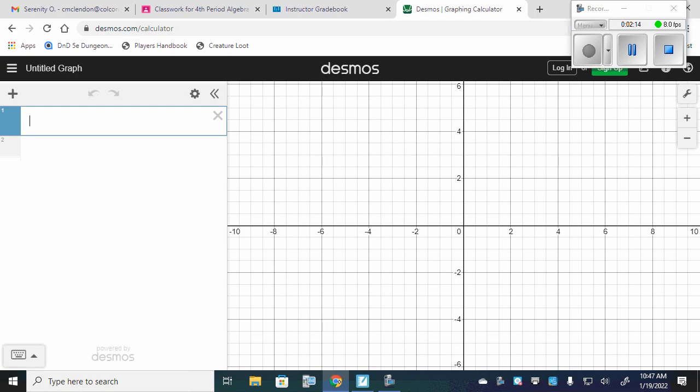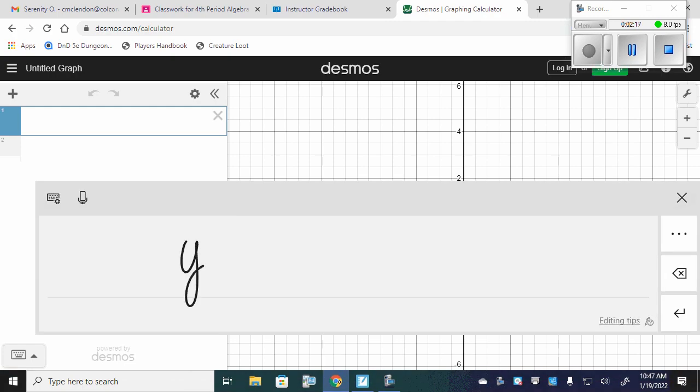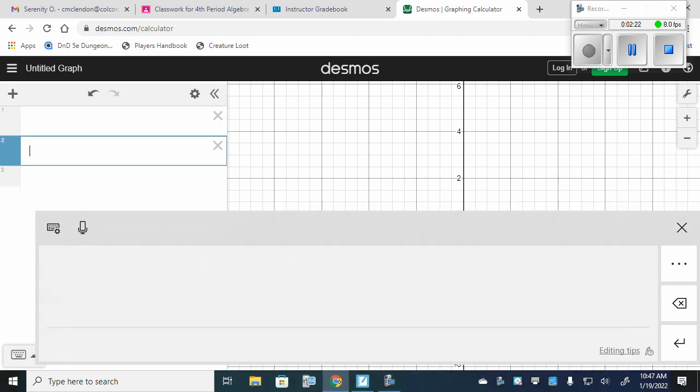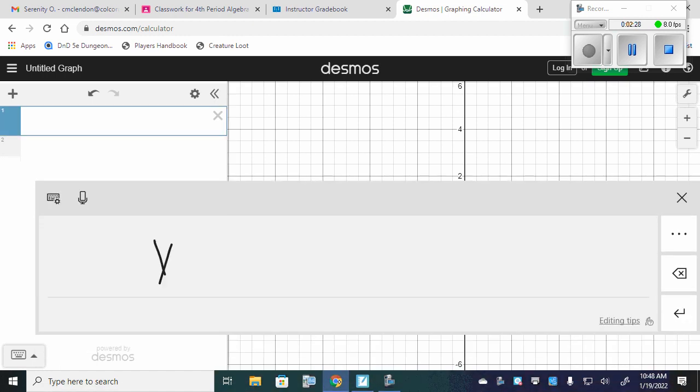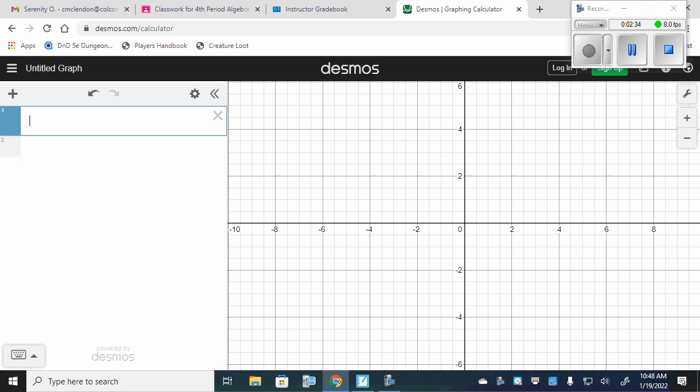Pull up the Desmos graphing calculator. Because what we could say is y equals 2x. This here would be considered direct variation.